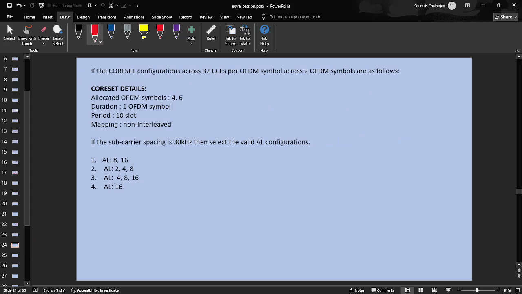What about the valid aggregation level configuration here? If we have a CORESET of 32 CCEs per OFDM symbol across two OFDM symbols, allocated symbols are the 4th and 6th one, and period is 10 slots, and subcarrier spacing is 30 kilohertz.